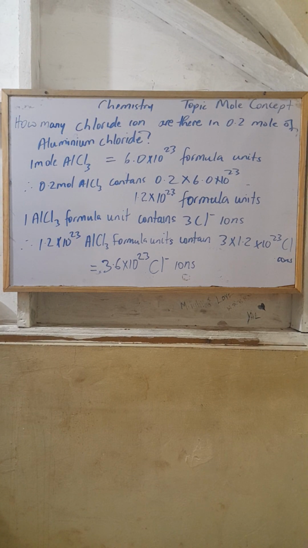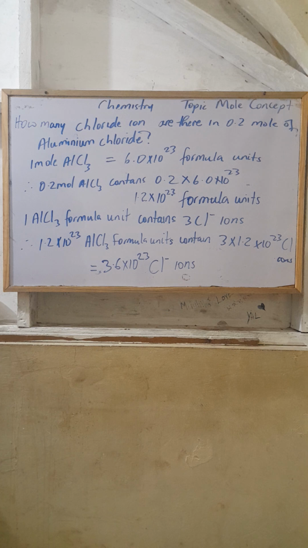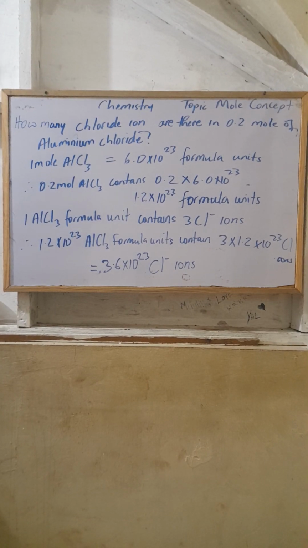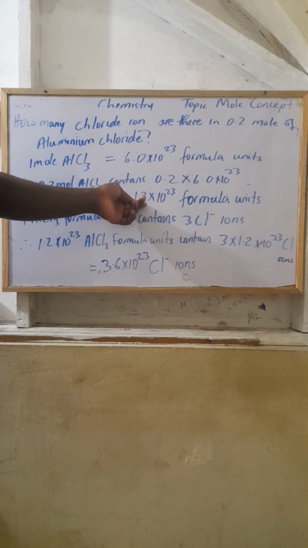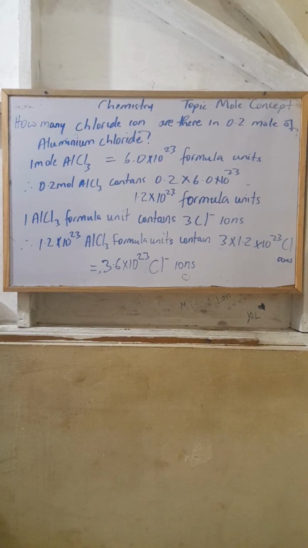We know that 1 mole of AlCl3 is equal to 6.0 times 10 to the 23 formula units. Formula units here represent the particles of ionic compounds. Therefore, 0.2 mole of aluminum chloride contains 0.2 times 6.0 times 10 to the 23. When you do the operation, you'll get 1.2 times 10 to the 23 formula unit.